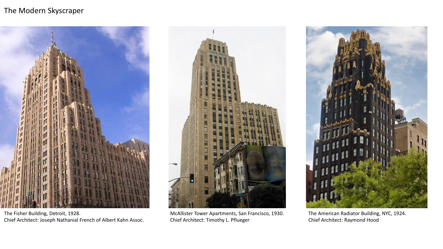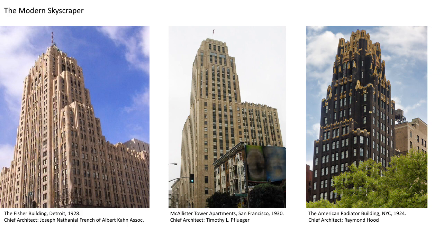Similar action is happening here in the McAllister Tower apartments in San Francisco, built in 1930. More window space is coming in. There's a balance between the buttresses and the windows. Those aren't the technical words for skyscrapers, but we're trying to think through the history of architecture and looking at these very modern buildings for their time.